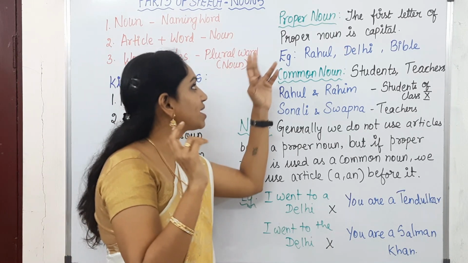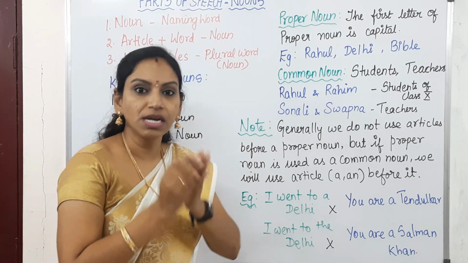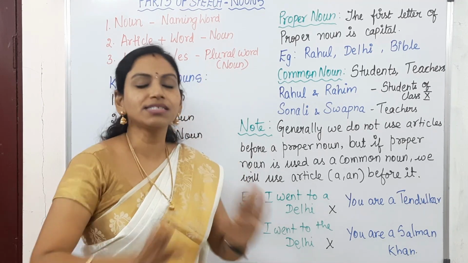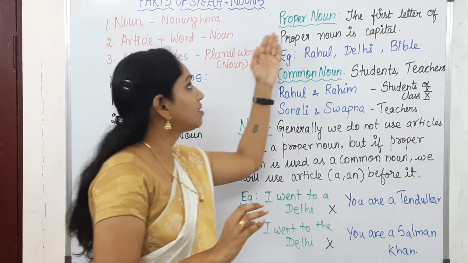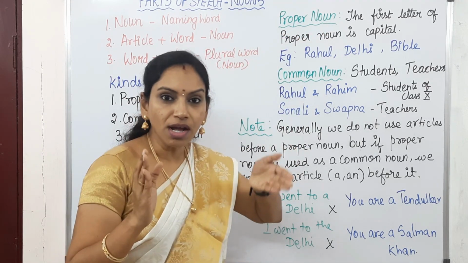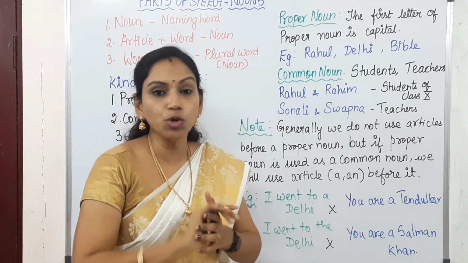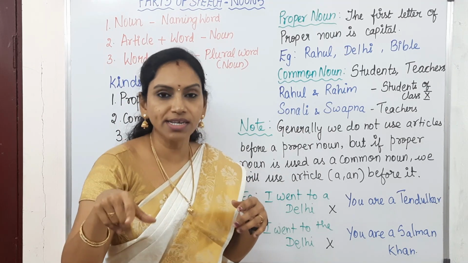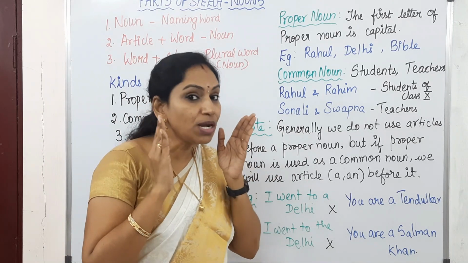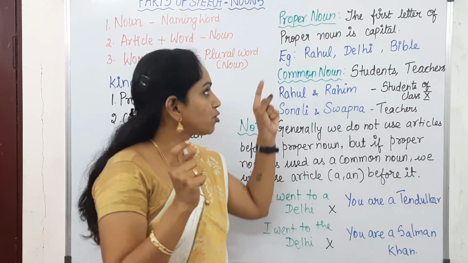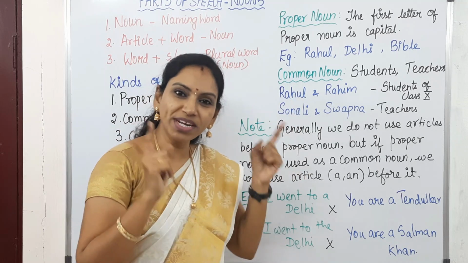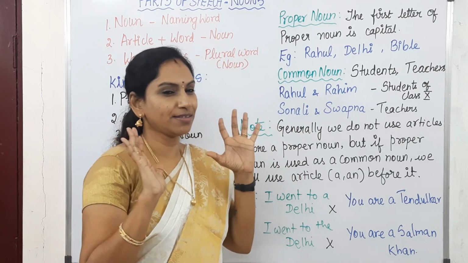Let me first begin with proper noun. A proper noun is the noun which has just the name. And if you have a name, you can't write names with small letters, so it will begin with a capital letter. The first letter of a proper noun is always capital.